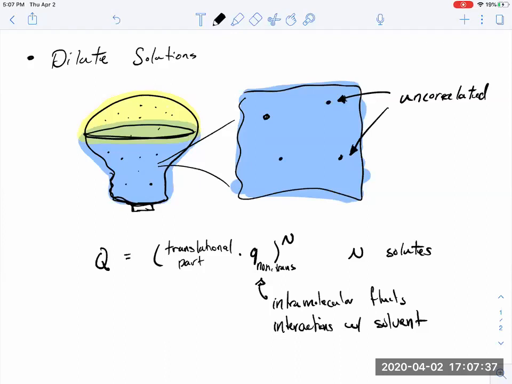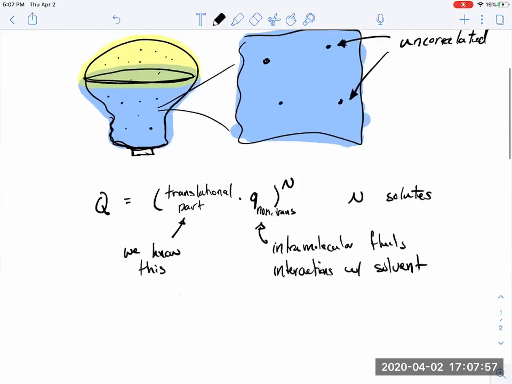Now that translational part, we've thought actually a lot about. The translational part of a partition function for a molecule being somewhere in space is just going to count up how many regions of space there are that that molecule could visit. So specifically, I could imagine gridding up space in some region, say delta x cubed in volume.